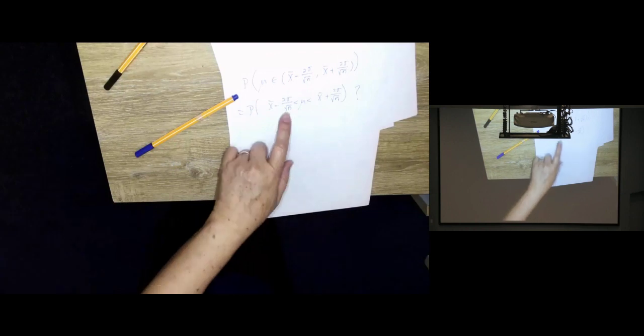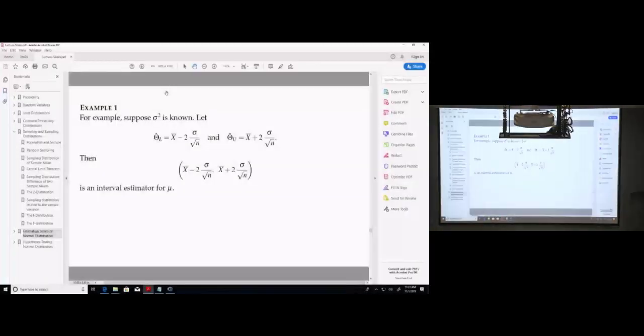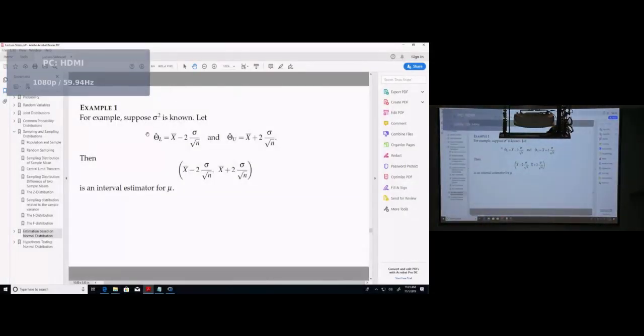I think it would be best to leave example 1 with these questions for later, because we want this probability to be large most of the time. A good probability would be 95%, 90%, or 99%.